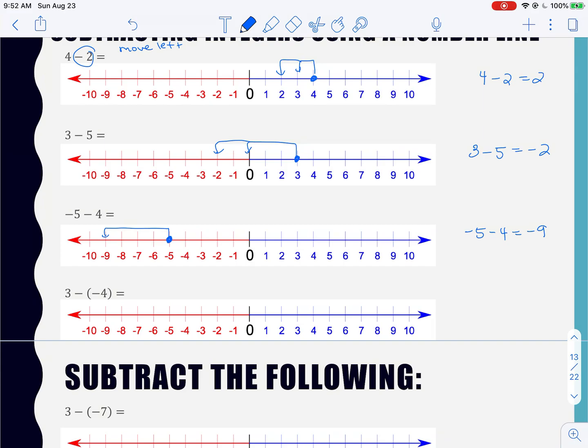If you're getting rid of negatives, that makes your number more positive. So this is the same thing as just 3 plus 4. So when you subtract negatives, you're actually adding. So subtracting negatives is the same thing as adding. So 3 minus negative 4 is the same thing as 3 plus 4, which would be 7.